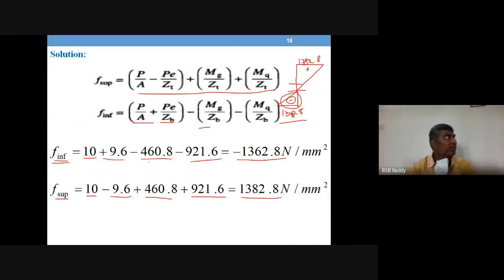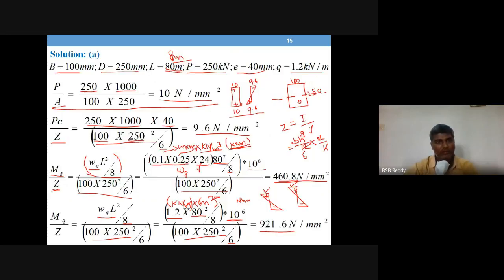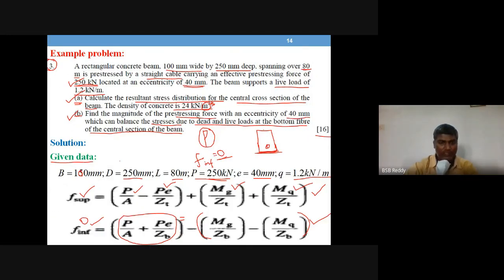This is how the question and answering works with a simple superposing of stresses. You have to find direct stress from pre-stress, bending stress from pre-stressing force, also stress from dead load, stress from live load.